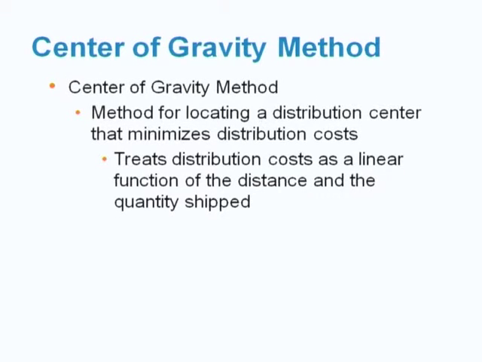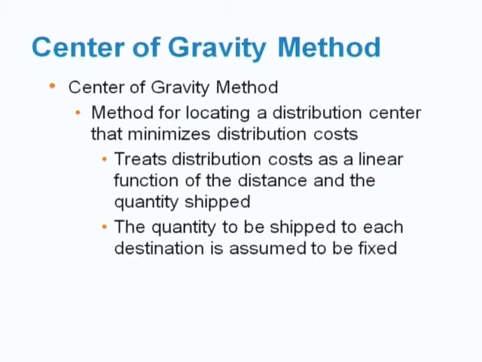The last method, the center of gravity method, is the method for locating a distribution center that minimizes distribution costs. It treats distribution costs as a linear function of the distance and the quantity shipped. The quantity to be shipped to its destination is assumed to be fixed.